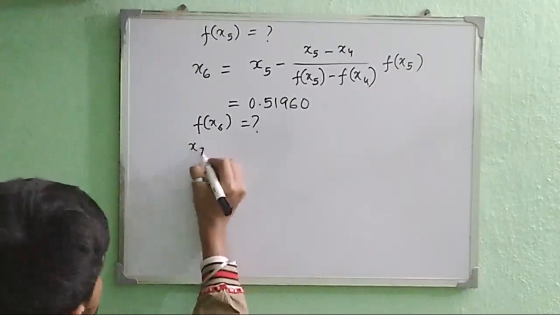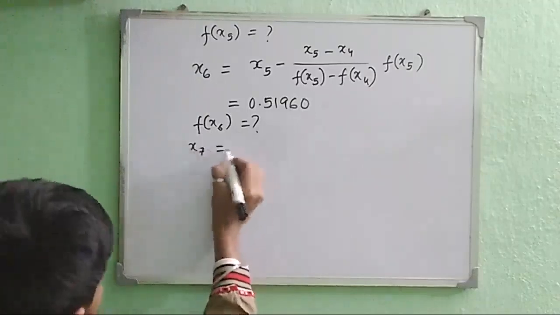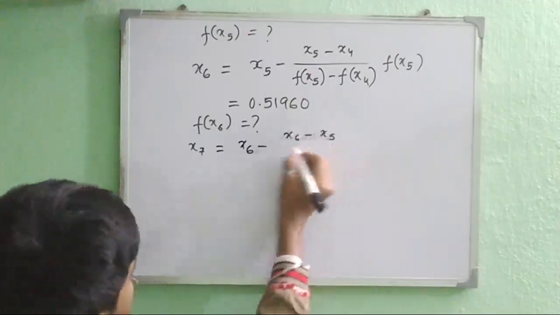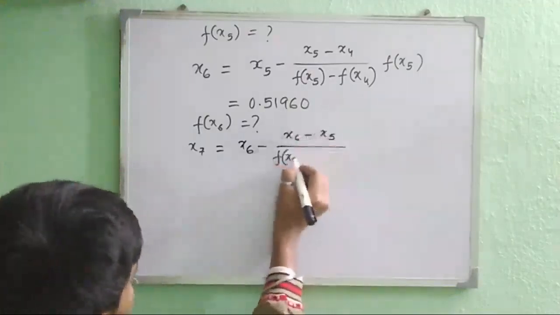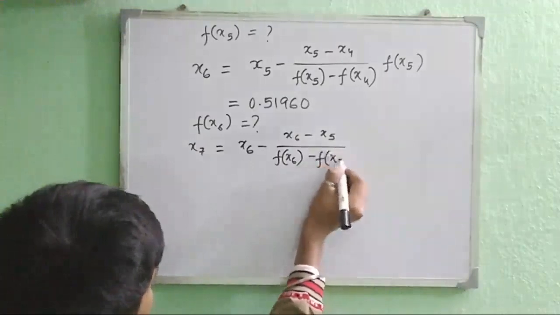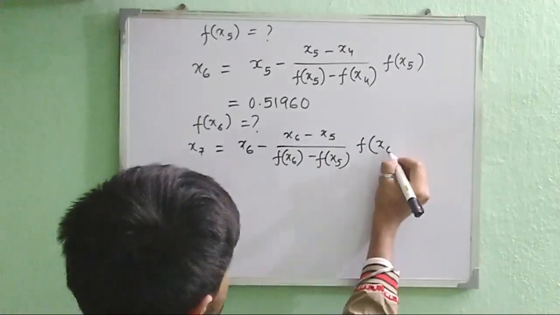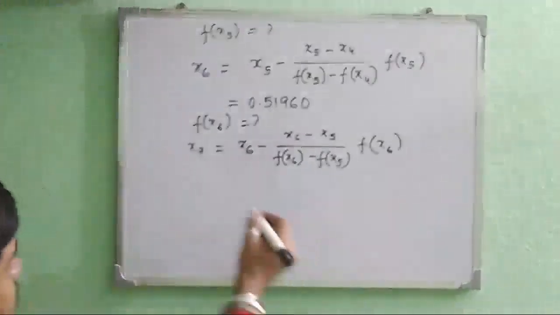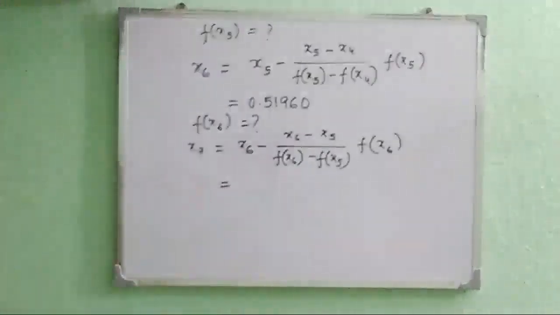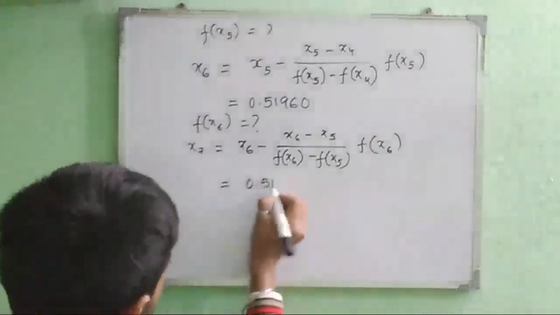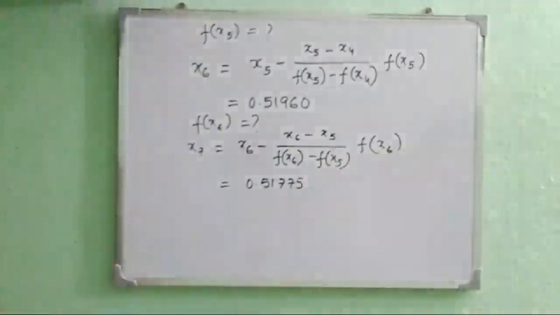Then we will calculate x7, that is x6 minus (x6 minus x5) divided by (f of x6 minus f of x5), into f of x6. Putting the values, we get the final x7 as 0.51775.